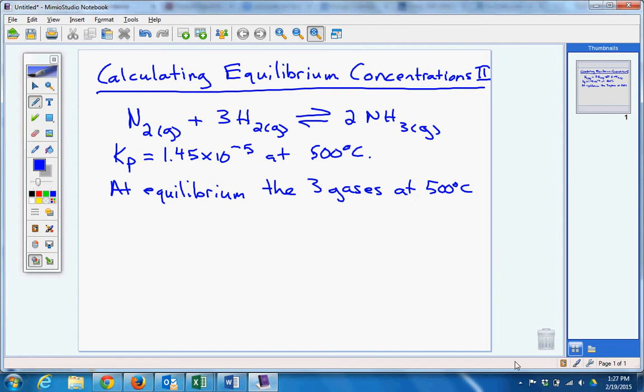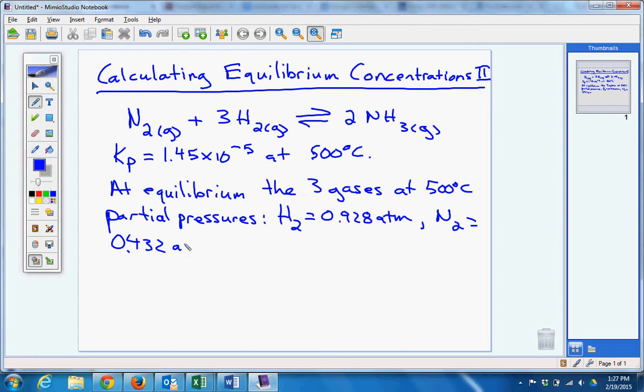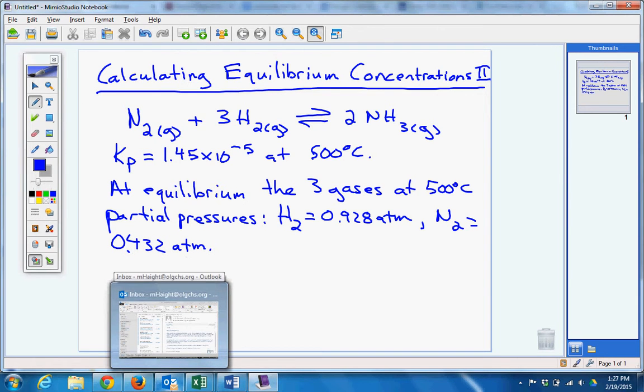The partial pressures are H2, 0.928 atm, and that of N2 equals 0.432 atm. All right, so the question asks, what is the partial pressure of NH3 in this equilibrium?